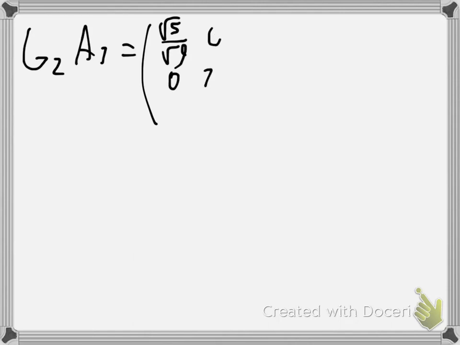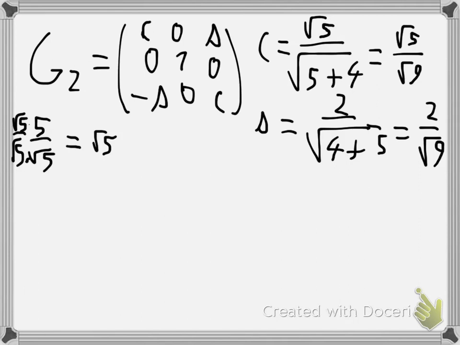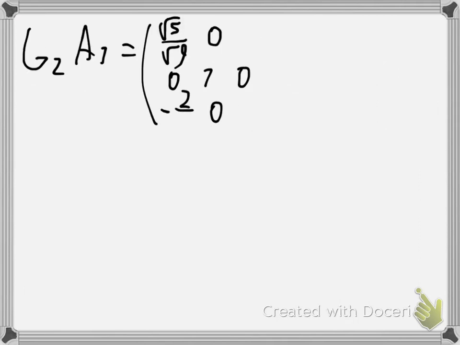And so now if we apply our Givens rotation to our matrix A1, we will get the following. By the way, instead of square root of 9, I could just write 3. It would be easier, maybe.